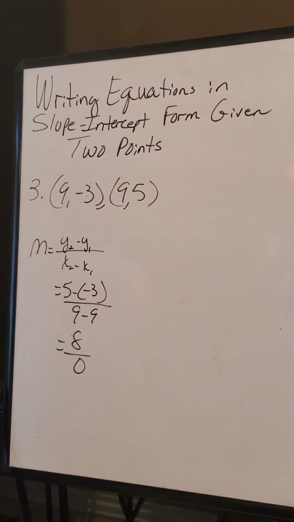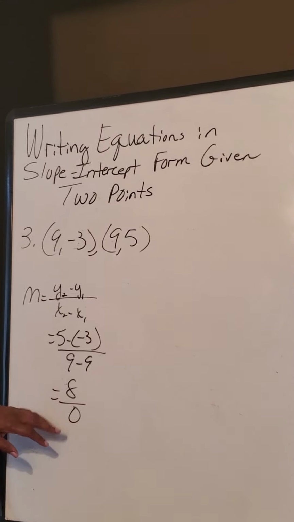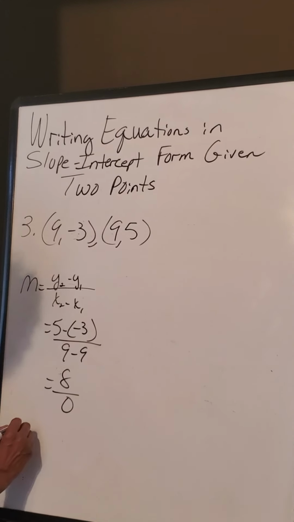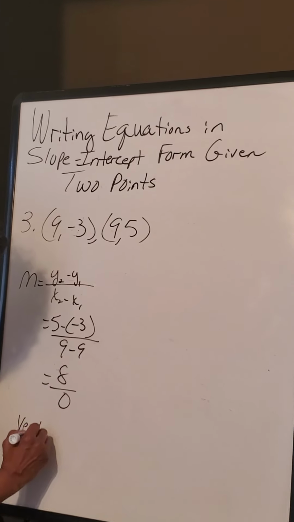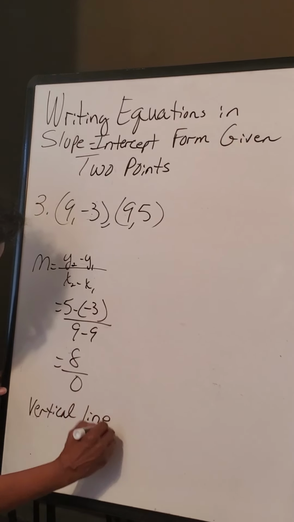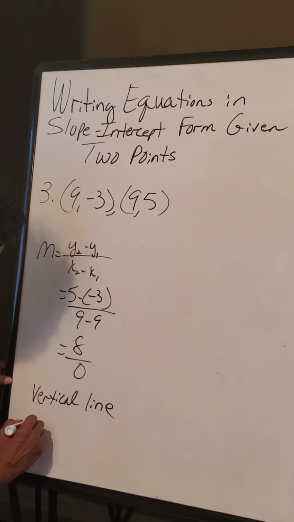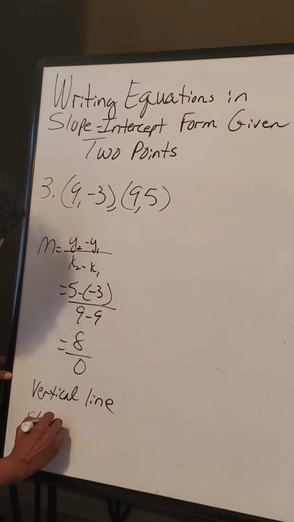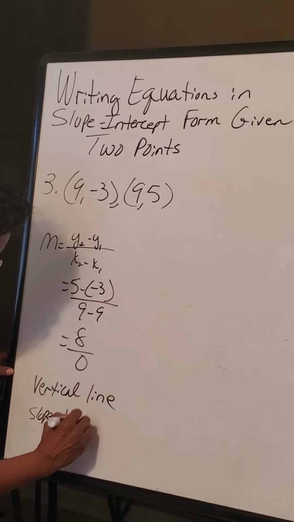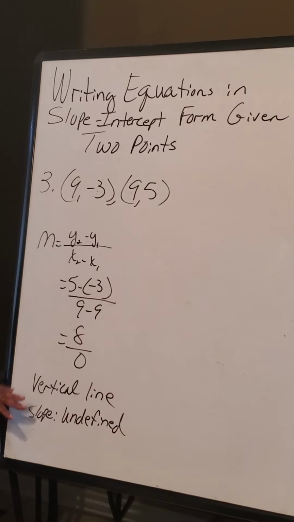And if you remember, an equation that has a denominator of 0 is a vertical line. So this is a vertical line. It has a denominator of 0, which means that the slope is undefined, because you can't divide by 0, okay?